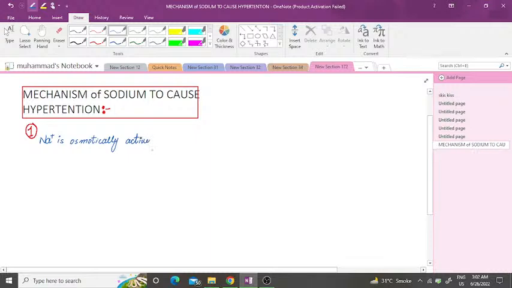So it means that where the sodium will go, water always follows the sodium. So it increases blood volume.